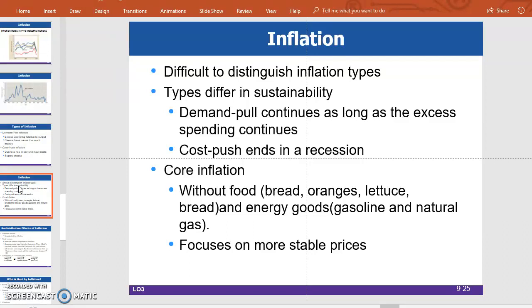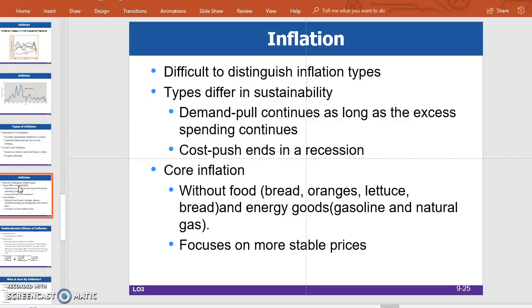Remember, one of the causes of demand pull inflation was a higher money supply from the central bank. If the central bank stops doing that, then prices will come back to normal. But cost push inflation is not like that. Cost push inflation is relatively rare. We already know this is because of a higher input price.